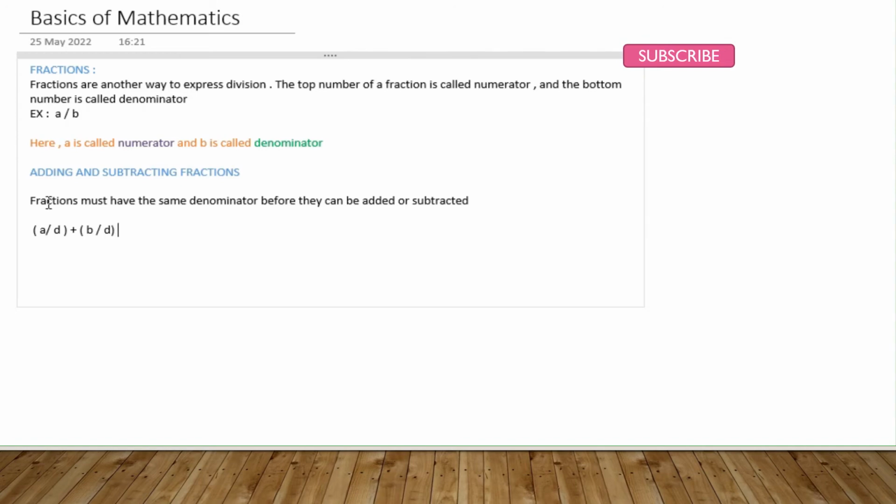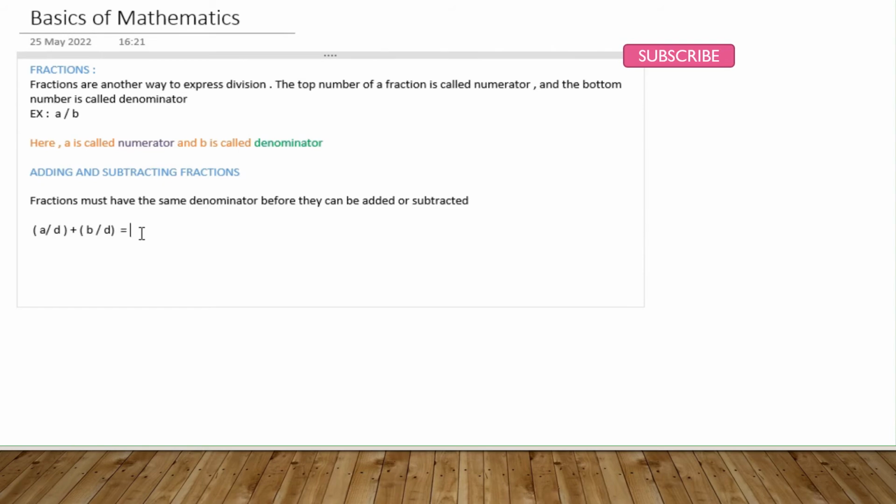In the definition, I have clearly mentioned fractions must have the same denominator before they can be added or subtracted. This is adding: a by d plus b by d. Both have the same denominator d. So you can easily add this.